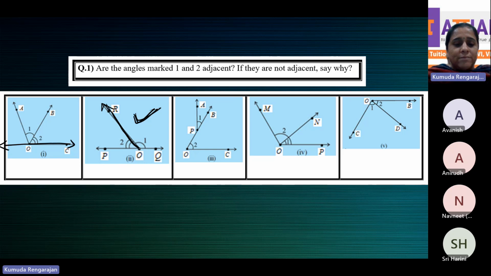The non-common arms OQ and OP, if OQ is going in this direction, OP is going in the opposite direction. Now these two angles are adjacent angles and they form a linear pair because their non-common arms are going right opposite to each other. If one is traveling towards east, the other is traveling towards west. Opposite directions.